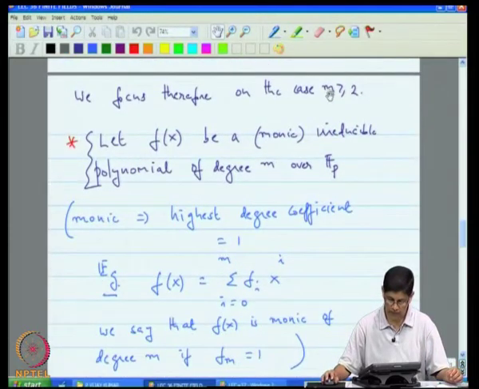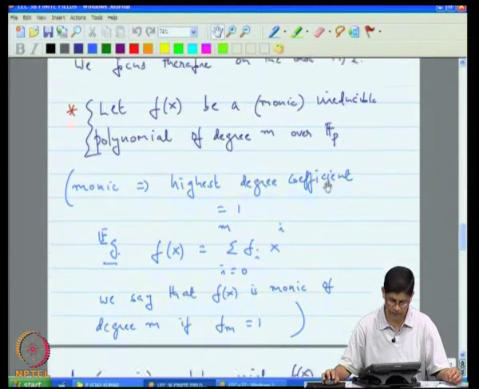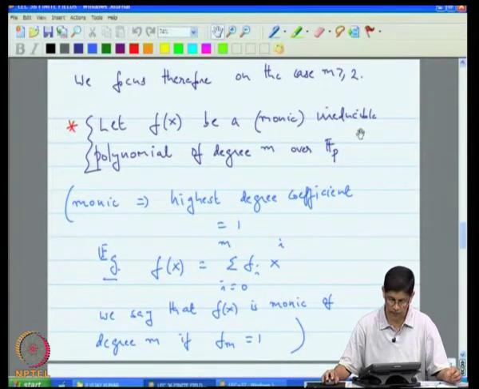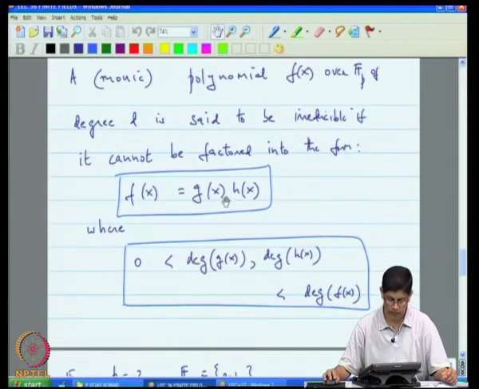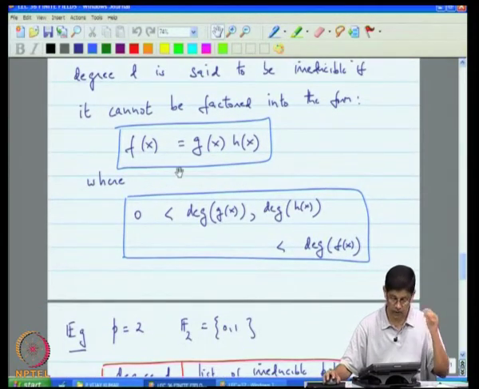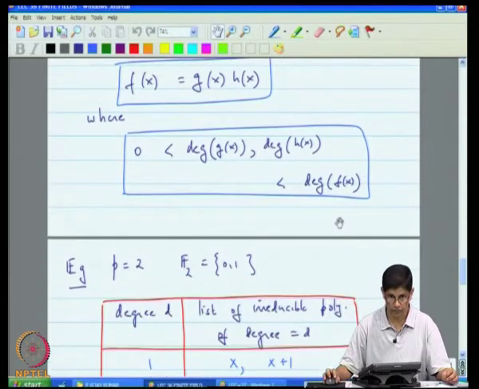So we focus on the case m greater than or equal to 2, and the way we do it is we take a monic irreducible polynomial. What does monic mean? Monic simply means that the highest degree coefficient is equal to 1. Irreducible means that it cannot be factored into the product of two polynomials, each of which has degree less than the degree of the original polynomial.